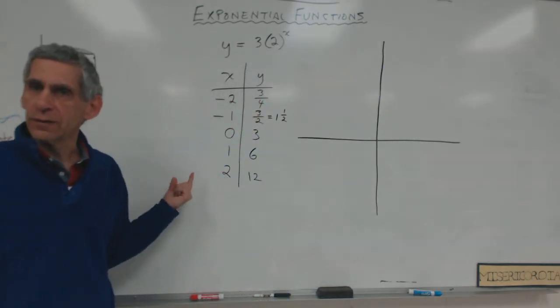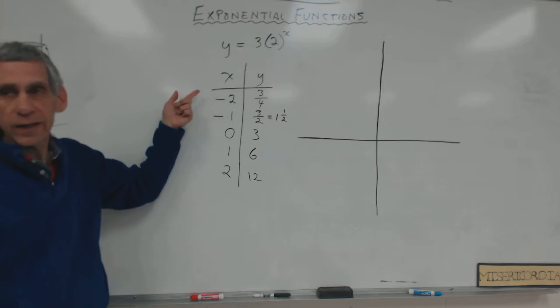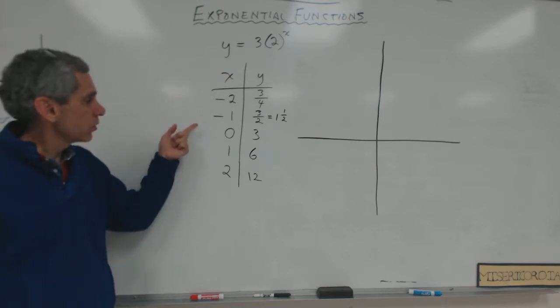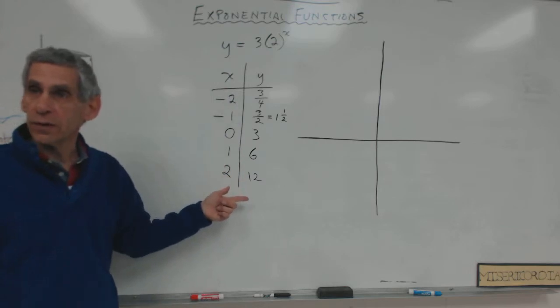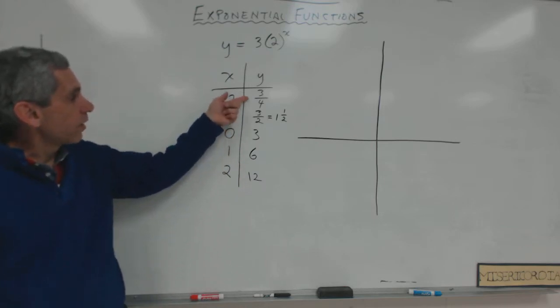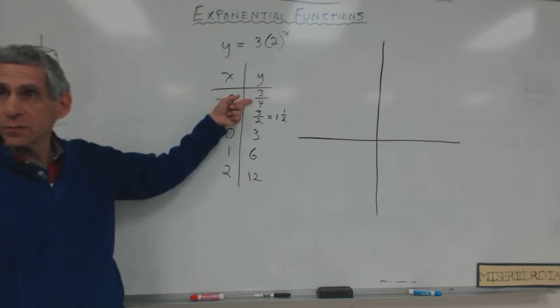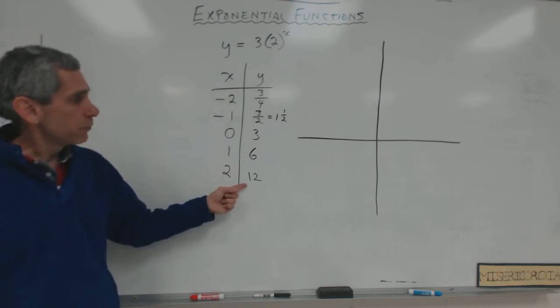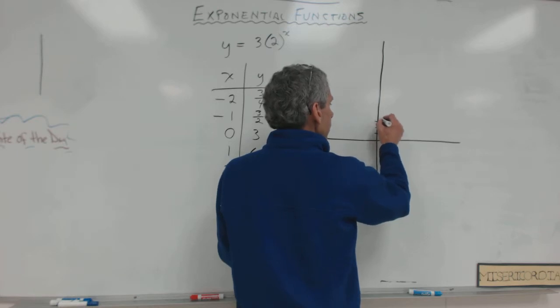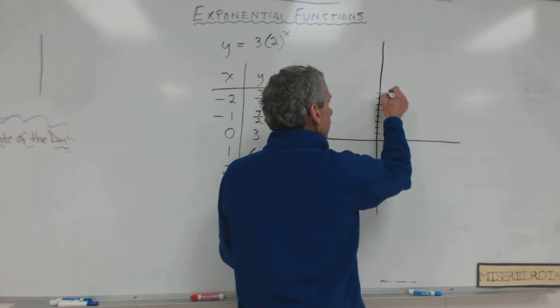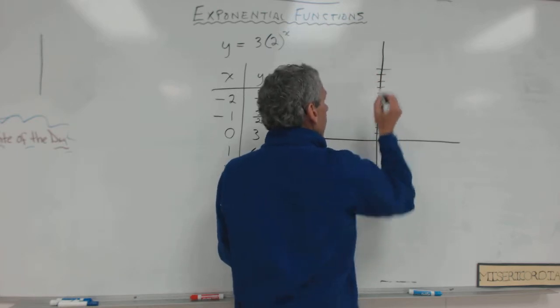When you're graphing these, you have to look at all your x values, and then you have to look at all your y values, right? And I notice my y values start near 0, or at least below 1, and they go all the way up to 12. So I'm going to go 1, 2, 3, 4, 5, 6, 7, 8, 9, 10, 11, 12.